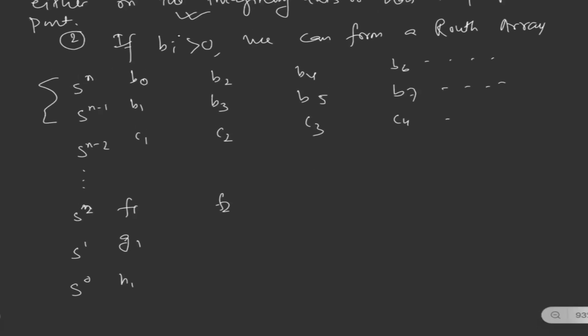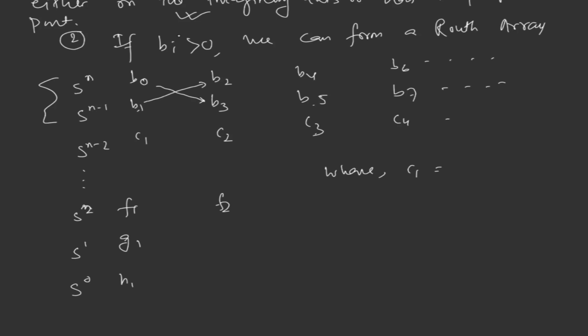Let's write here where C1 is actually this into this minus this into this, divided by B1. And C2 will be B1 into B4 minus B0 into B5, divided by B1. C3 will be B1 into B6 minus B0 into B7, divided by B1.